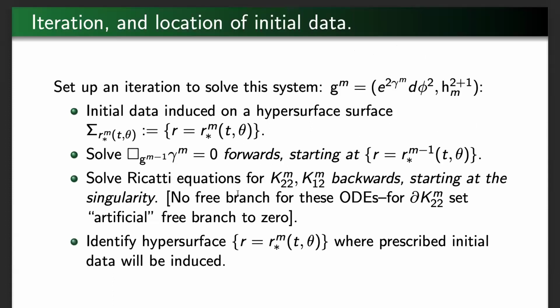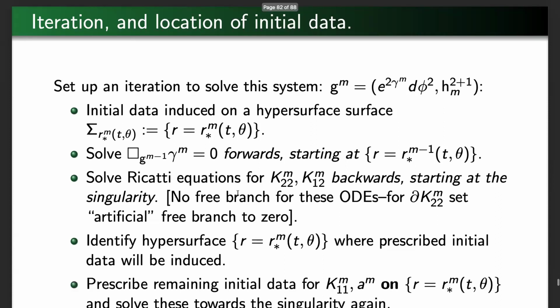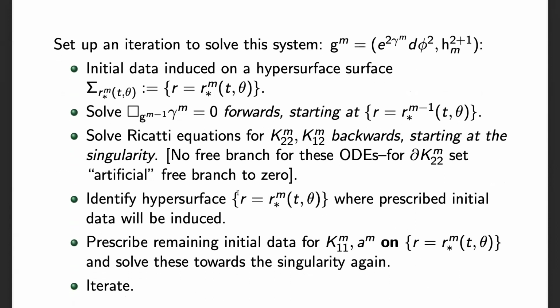And now the difficult part, and I think the substantial novelty, is you need to find the initial data surface. So you need to solve for the hypersurface where your initial data will be induced. This is maybe more mathematically involved, but we need to do that. And once you've found the initial surface, then you put the remaining data on that surface, and you solve again forwards. And these are the branches that are in no danger of blowing up.